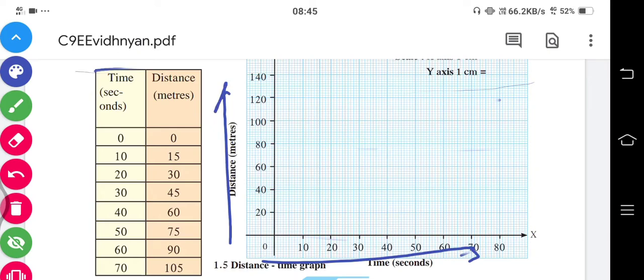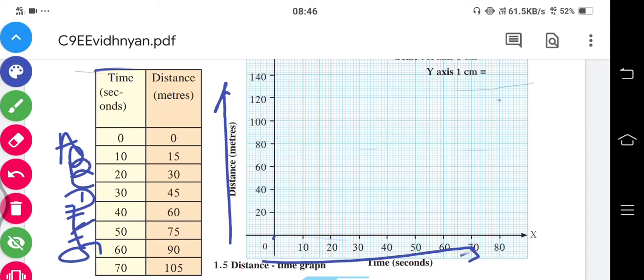Here the time is 0. Suppose this is point A, and according to A, B, C, D, E, F, G, the last one is point H. Suppose point A is 0, 0, both are 0. This is also the origin. So time is 0 and distance covered is 0.